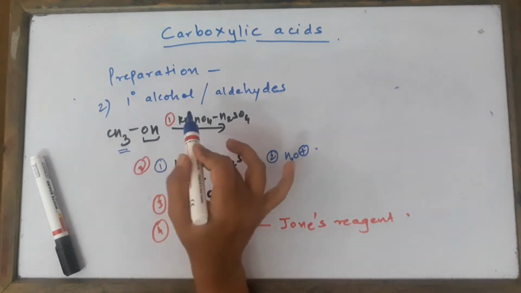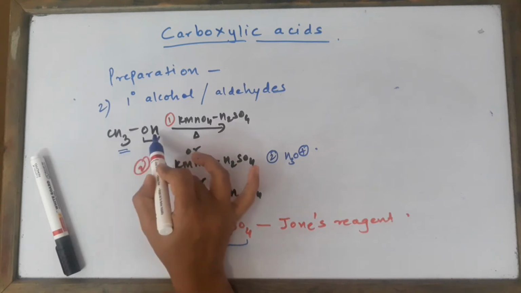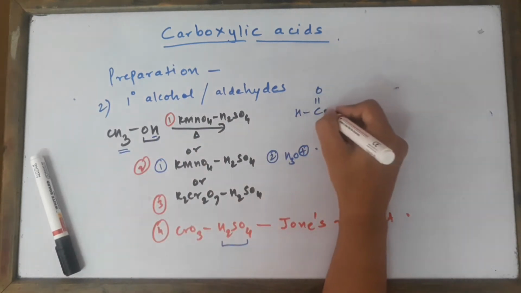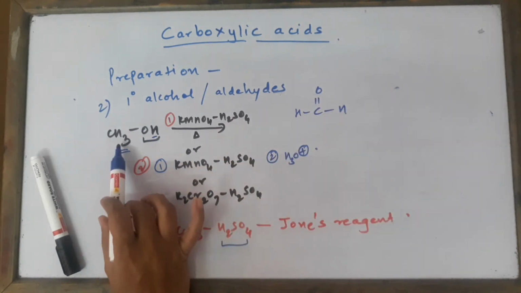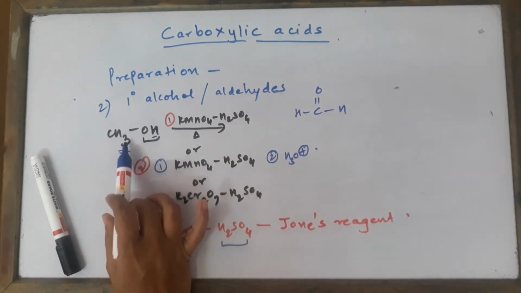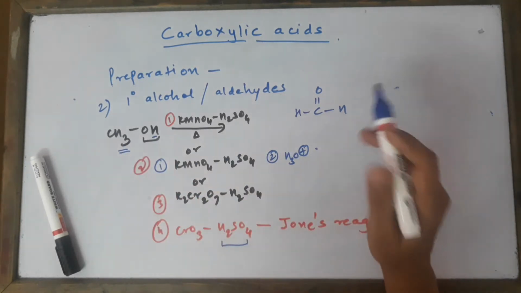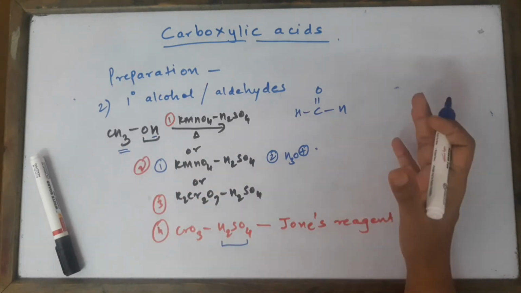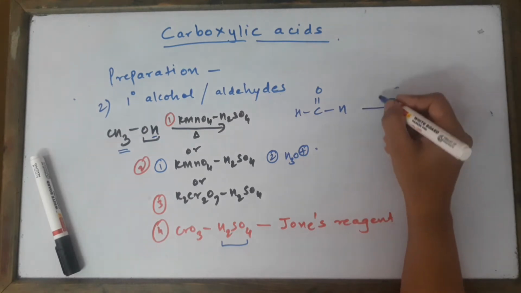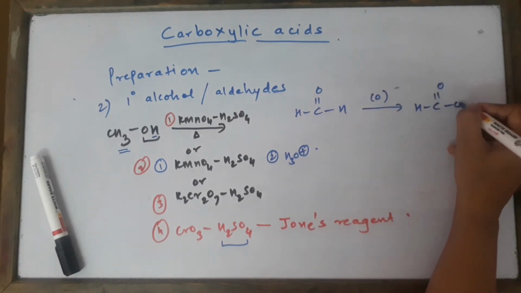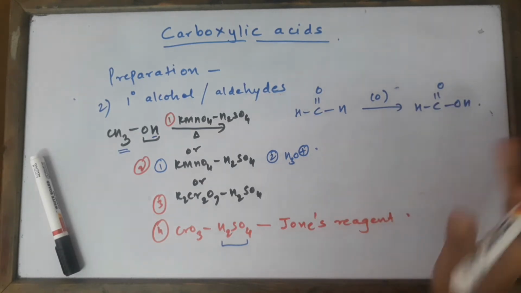I'll remove the hydrogen first, the alpha hydrogen atom and the hydroxyl hydrogen atom. So in the first step I'll be getting an aldehyde. Look at this, you have removed 2 hydrogens. Now you don't have to show this step in the exam, I'm just showing you the step. But finally, what you get when you oxidize this is an acid.